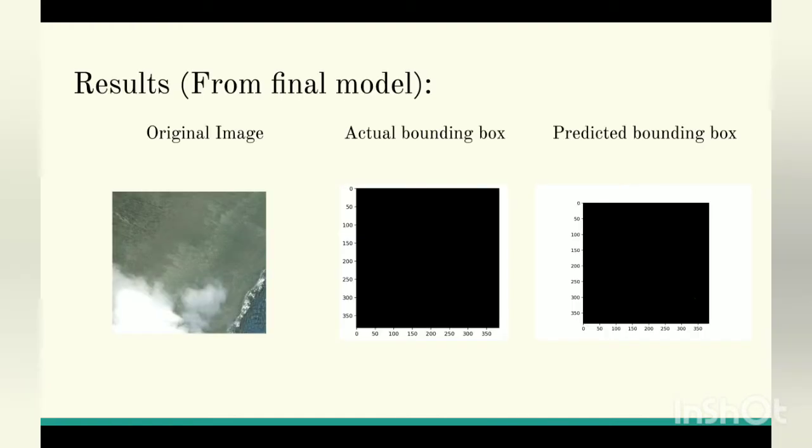So the final model was able to identify the ships pretty well, but one of the bad things about this model was the checkerboard artifact, which results from overlapping of deconvolutional layers.